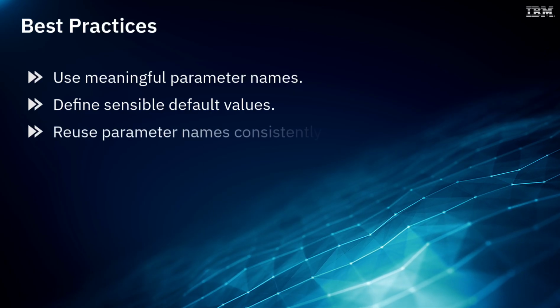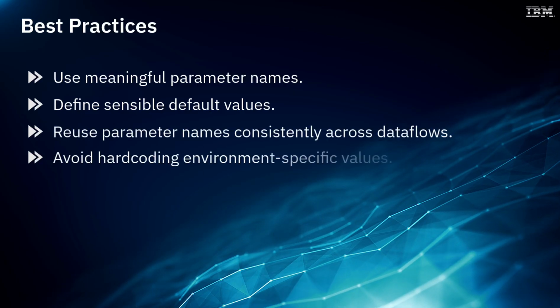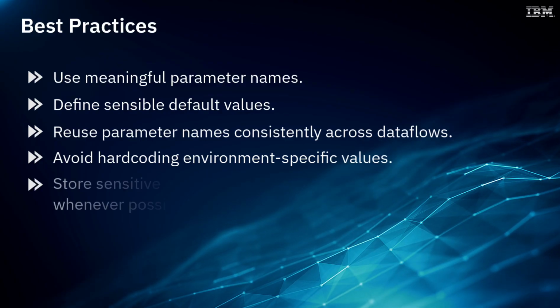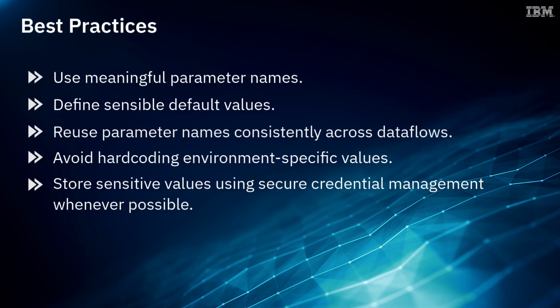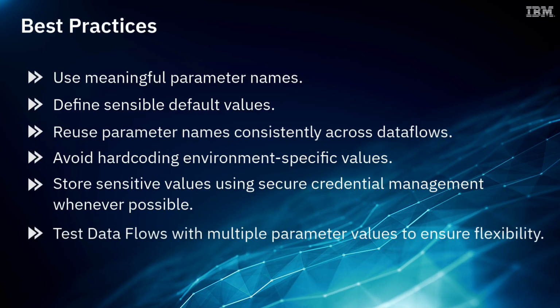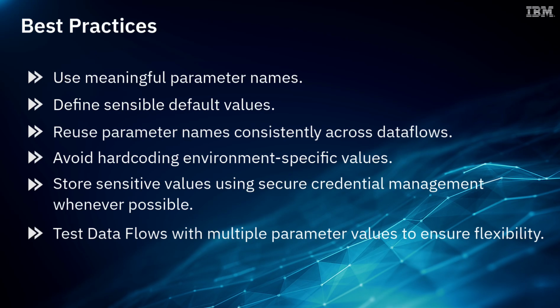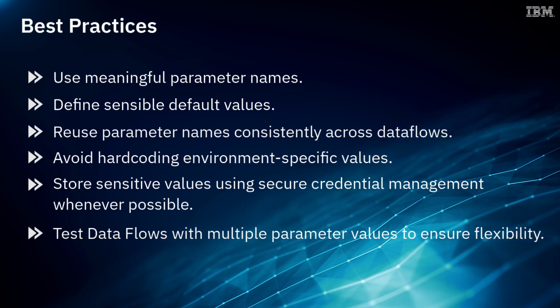Reuse parameter names consistently across data flows. Avoid hard-coding environment-specific values. Store sensitive values using secure credential management whenever possible. Test data flows with multiple parameter values to ensure flexibility. Following these practices improves maintainability and simplifies deployment across environments.